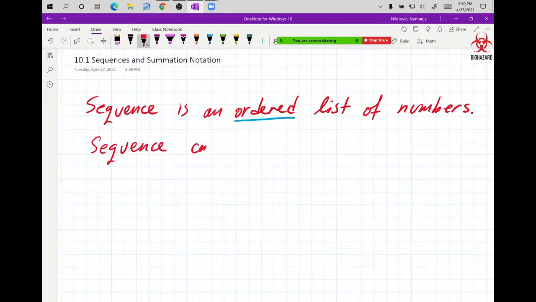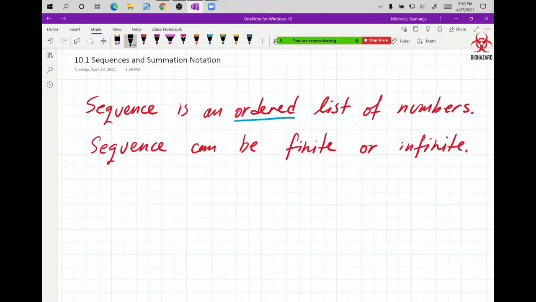A sequence can be finite or infinite. That's it. So you have a finite sequence and you have an infinite sequence. A finite sequence is the one that ends, and the infinite sequence, a list of numbers, is the one that never ends.